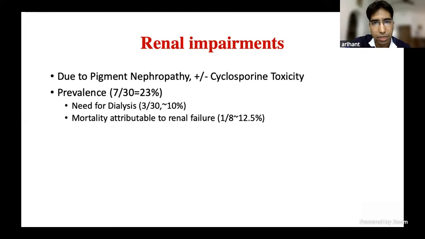In fact, one patient with an AA-PNH overlap, where the aplastic anemia had responded but the PNH clone continued to grow, succumbed to hyperkalemia, probably contributed to by cyclosporin as well as pigment nephropathy. Around 10% of patients did require dialysis during their lifetime, and the mortality attributable to renal failure was also not less, around 12%.